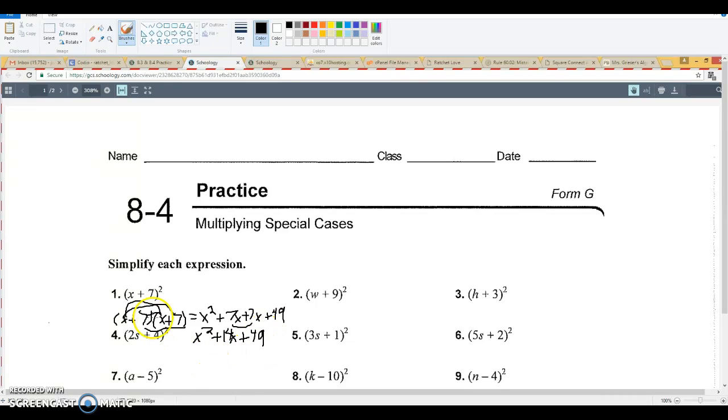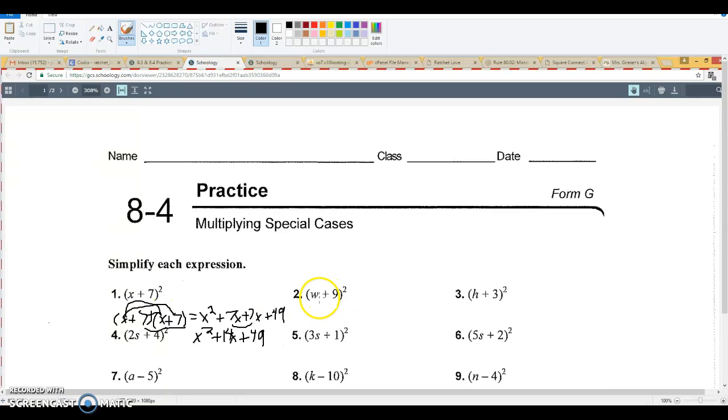Somebody figured out that when you have this pattern, x plus something squared, you can always square the first term, square the last term, and multiply the first term times the last term times 2.